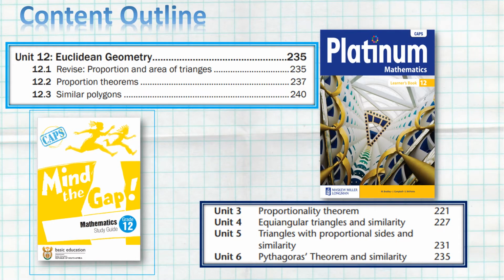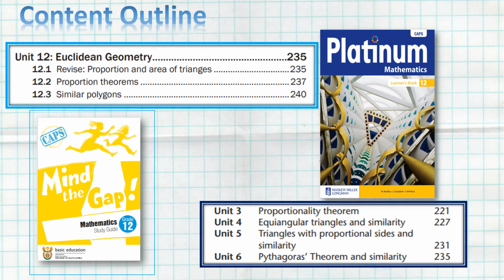This is just showing you what we will do in all these sessions. As you can see in your Platinum Mathematics Learner's book, the book that we will be using, and also Mind the Gap Mathematics Study Guide, which is also a textbook that we're going to be using.